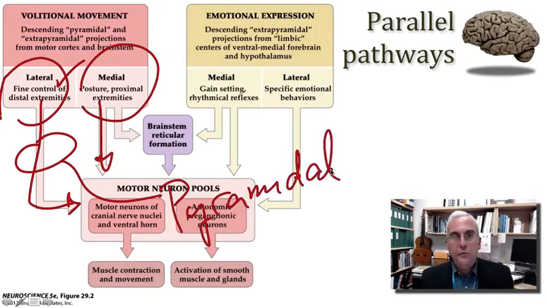Sometimes we speak of a pyramidal motor system. What we have in mind is the connection between the motor cortex and the spinal cord that runs through the medullary pyramid. So the pyramidal motor system is a kind of shorthand to refer to this aspect of volitional motor control that links the cortex with the lower motor circuits of the spinal cord.